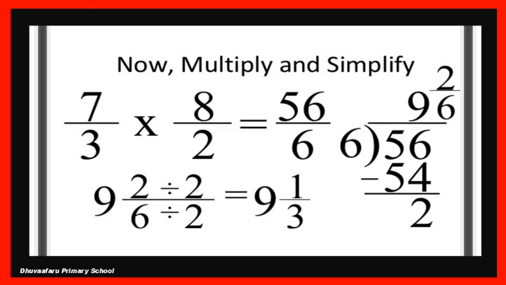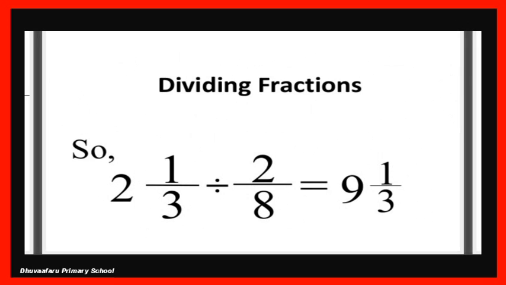So 56 minus 54 is equal to 2. Once again we can reduce the answer by 2. So the answer is 9 and 1 by 3. So 2 1/3 divided by 2/8 is equal to 9 1/3.